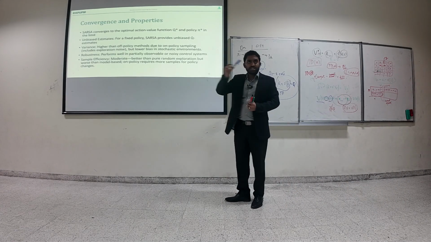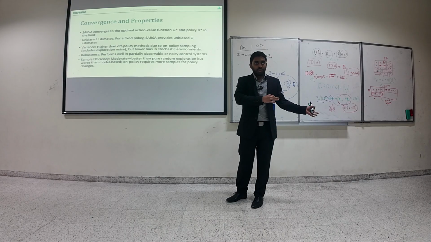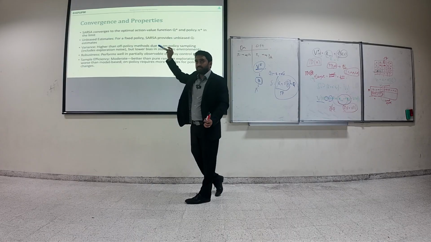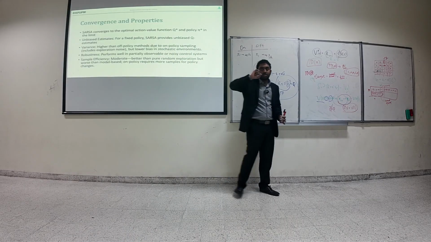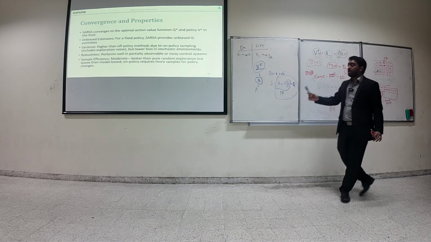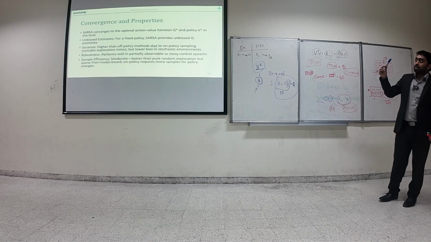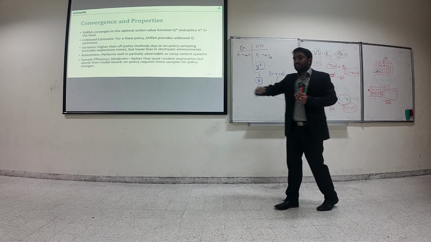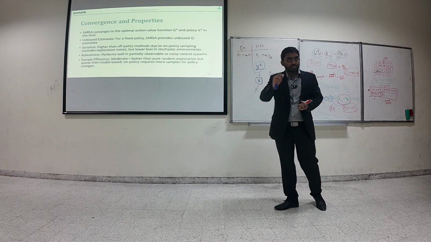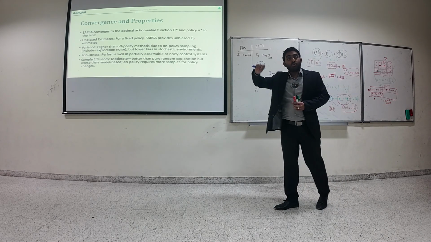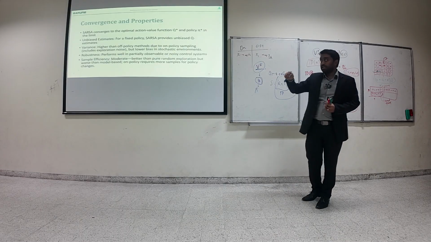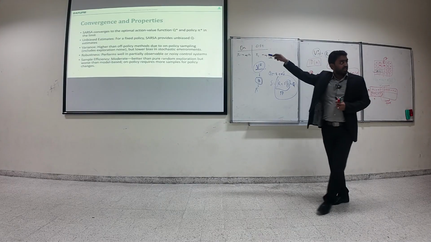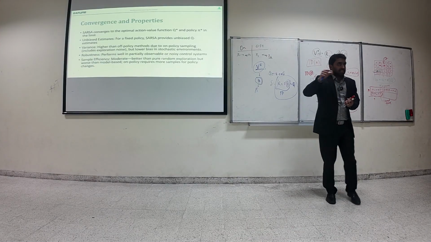So again, the properties are the same as what we had for TD learning, where you have optimality guaranteed, that is, convergence to the optimal values when you have infinite samples, you basically converge to the true value. So there is no bias when you converge towards the optimal value. Variance is higher than off policy, but it is still there.